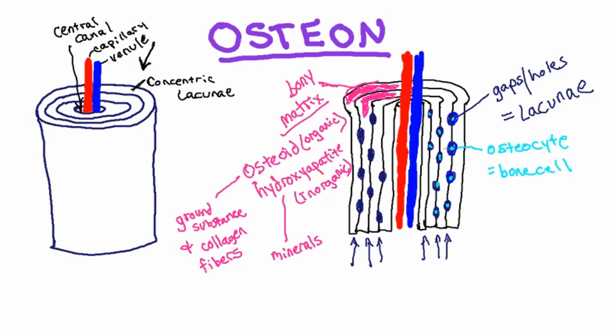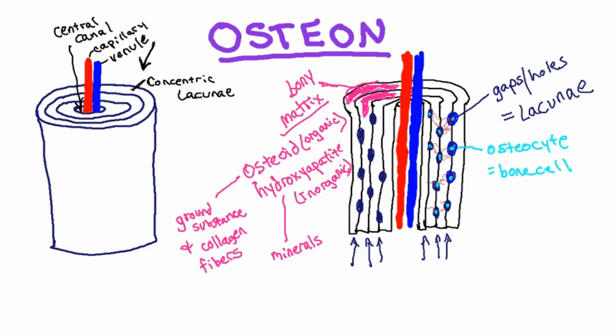They do like this hands across America thing, and they can reach out through the layers of lamella, and this is how they communicate with one another. For lack of a better term, you can call them arms. They have these little canals with little arms that reach out on either side to the neighboring osteocytes in the neighboring lacuna. And so they communicate, they pass information, they pass nutrition to one another.